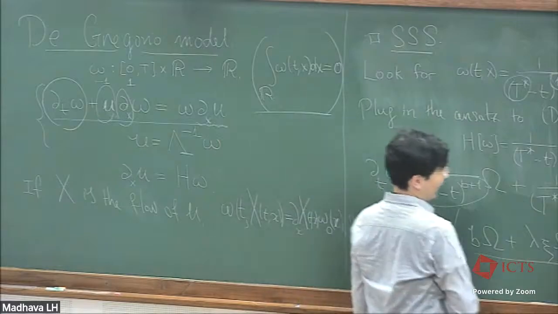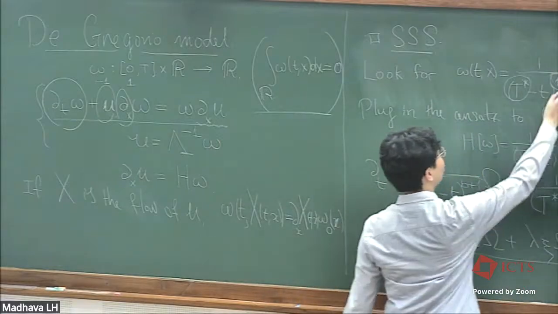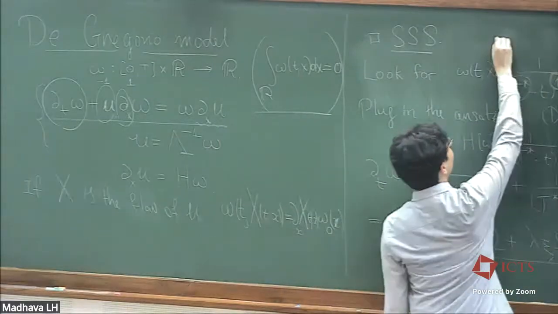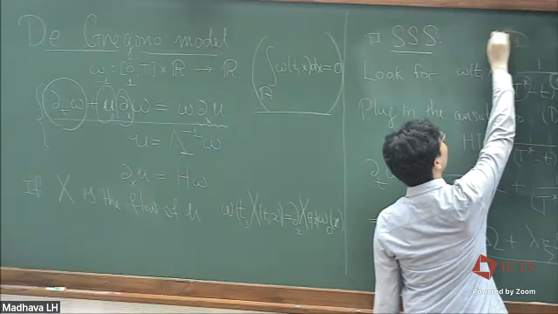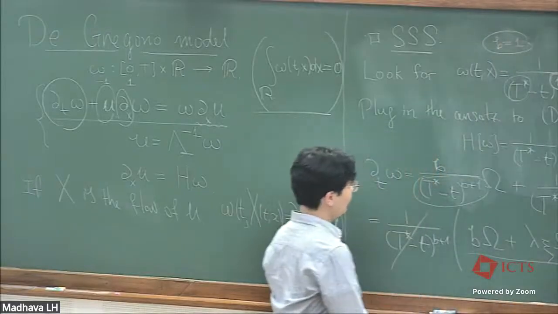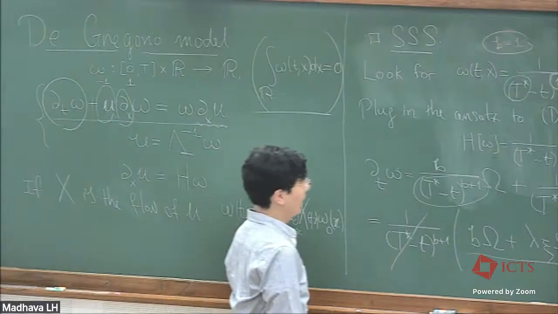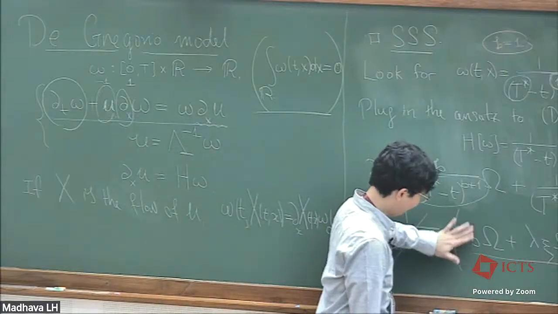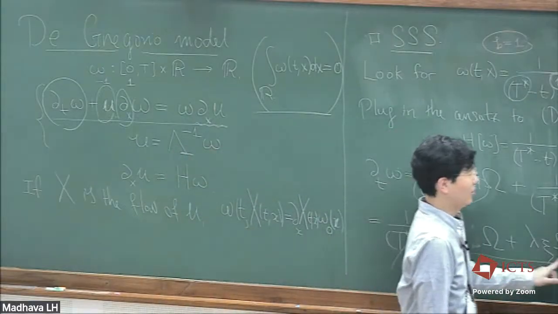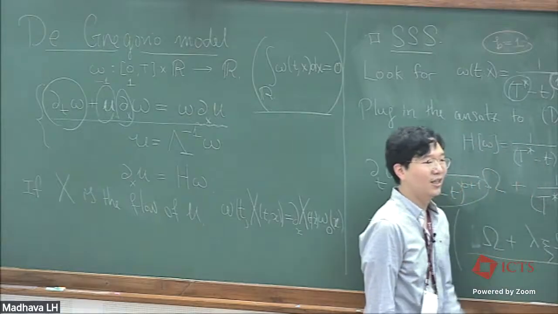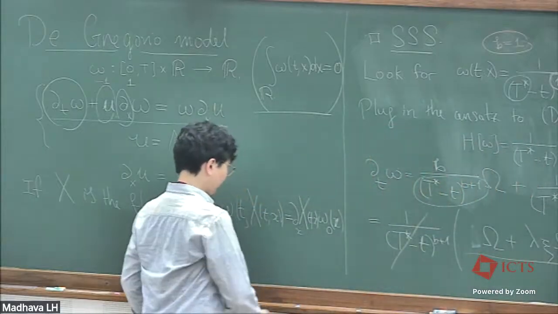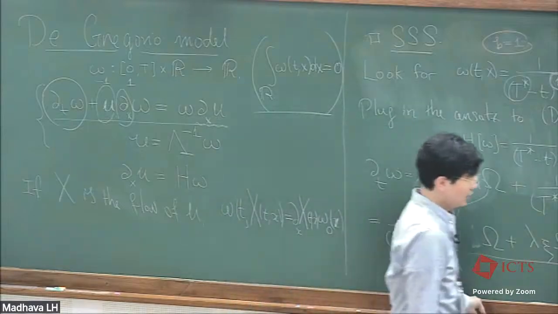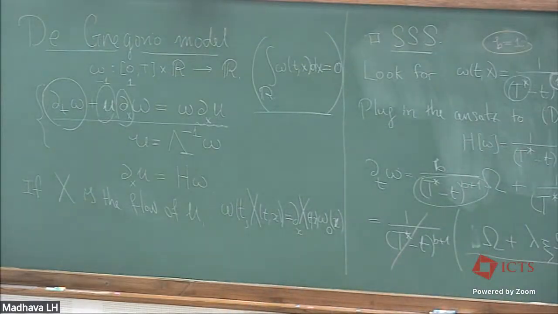So they have to cancel, which forces that b is 1. Okay. And then we obtain what is called the profile equation for the De Gregorio equation. So here is, of course, the very important question: how do we solve this profile equation?